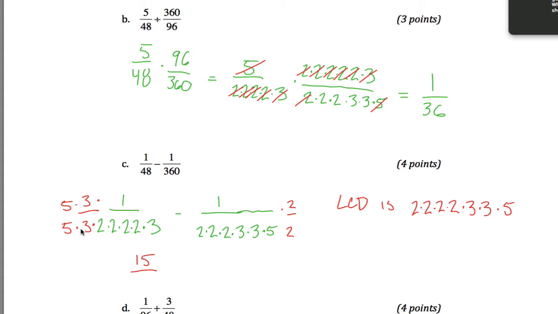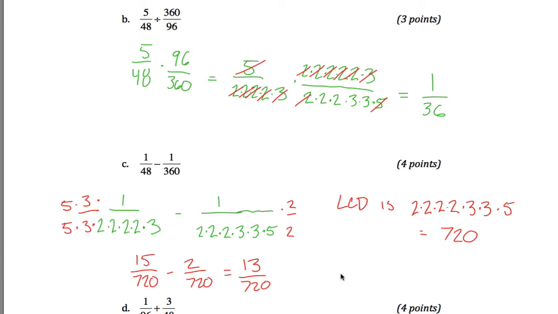On the bottom I have some number, this least common denominator. Maybe we should figure out what that's equal to. Well, note that this thing in green is the same as my least common denominator, except there's one more 2. So this thing in green was 360 times 2 gives me 720. So what I'm left with is 15 720ths minus 2 720ths. So my final answer is 13 720ths.